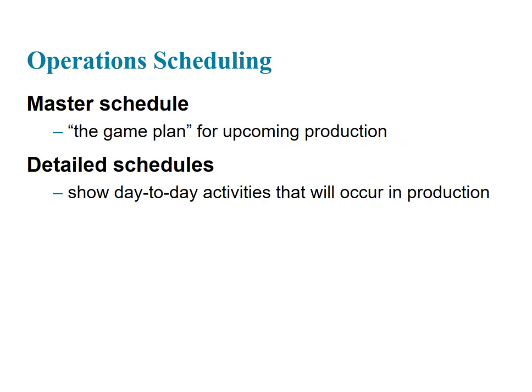Now let's move on to operation scheduling, which involves developing timetables for acquiring the resources needed to produce. A couple of very important terms here are master production schedule and detailed schedule. We also have staff schedules and computer-based scheduling that we'll talk about.